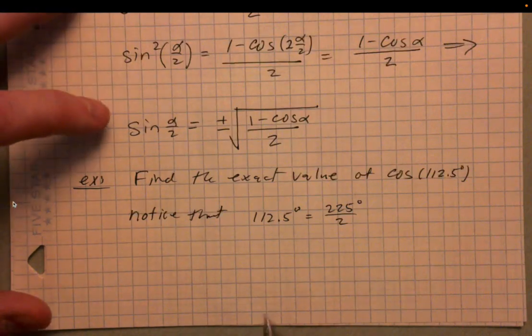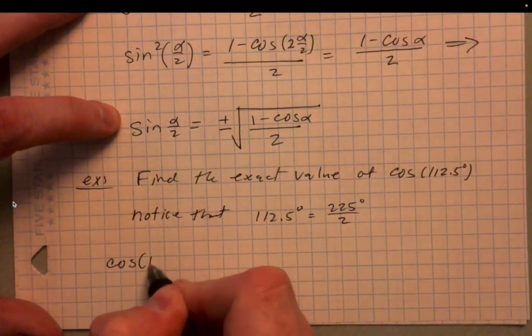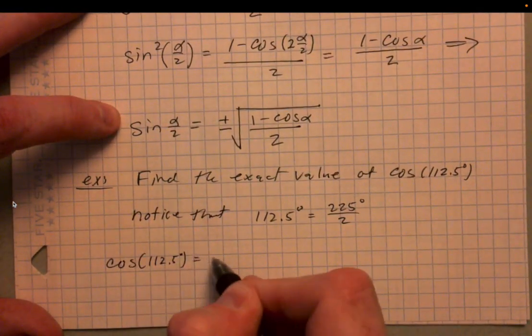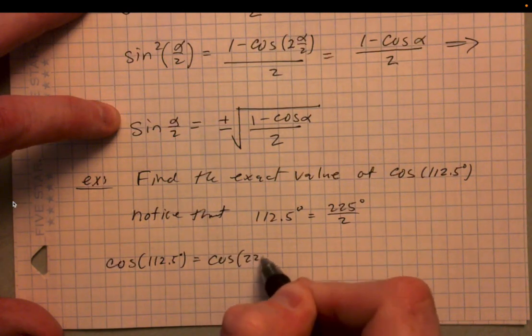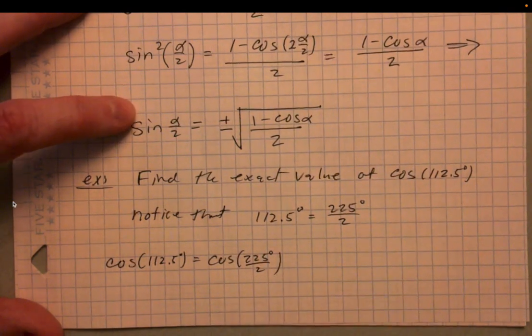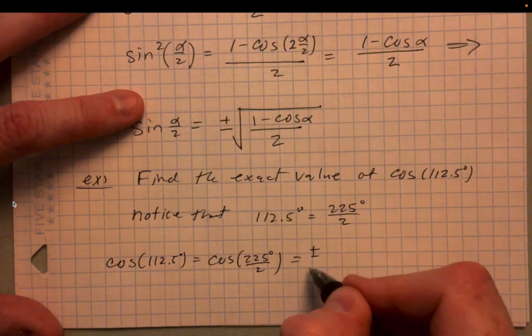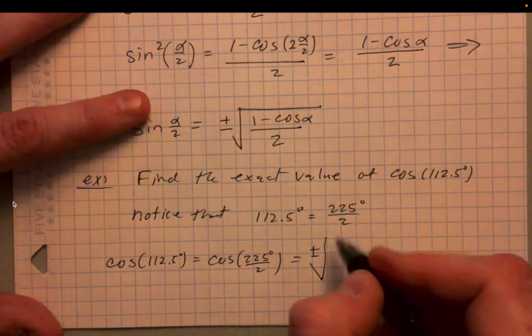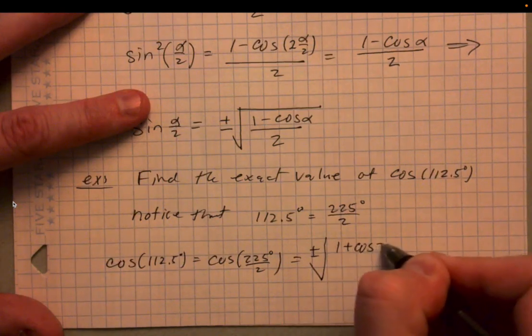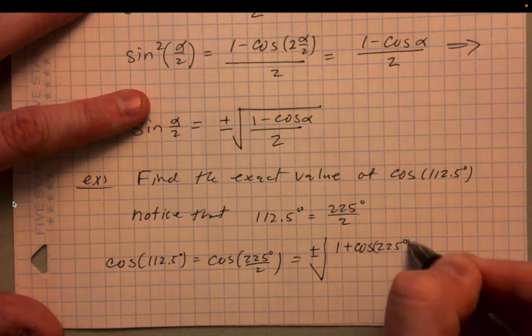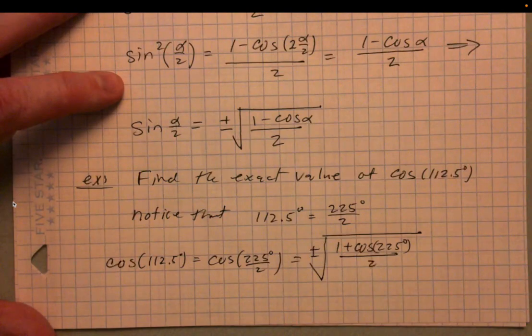Okay, and so cosine of 112.5 degrees is just cosine of 225 degrees over 2, which is equal to plus or minus the square root of (1 plus cos of 225) over 2.